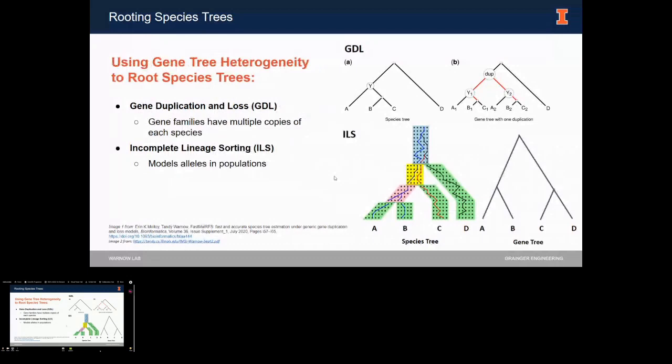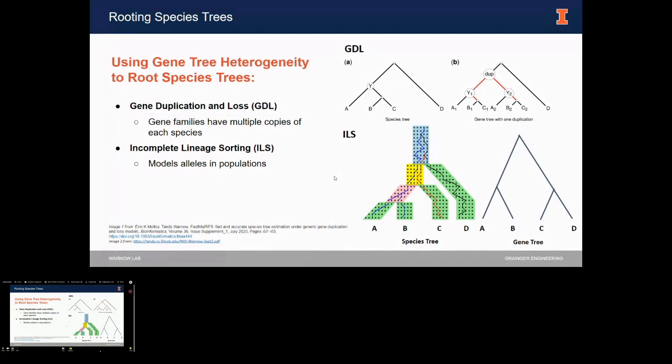So this leads to newer methods where we actually get signal from gene tree heterogeneity. Now, gene trees are trees that are estimated purely from one gene, as opposed to capturing the evolutionary history of an entire species. And often these gene trees might actually have differences between them and the species tree.